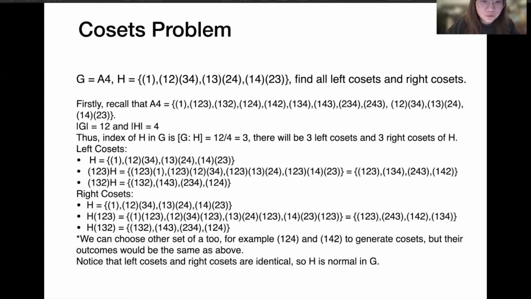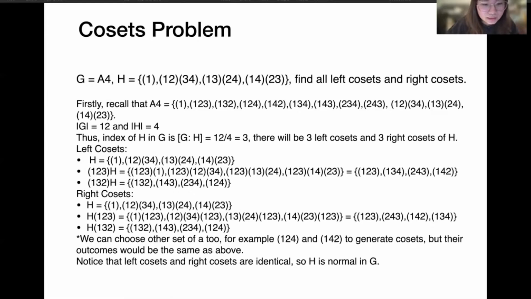If we choose the set A to be {1 2 3} and {1 3 2}, there will be the left cosets as listed. Attach the set A, (1 2 3), to each element in the subgroup H. We can get 3 left cosets, including H itself, and the same for the right cosets.